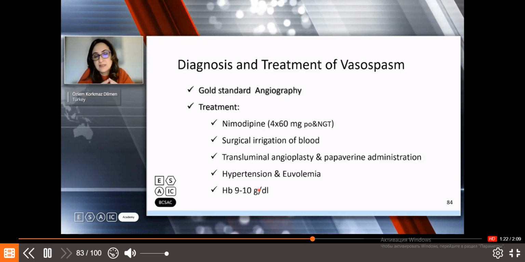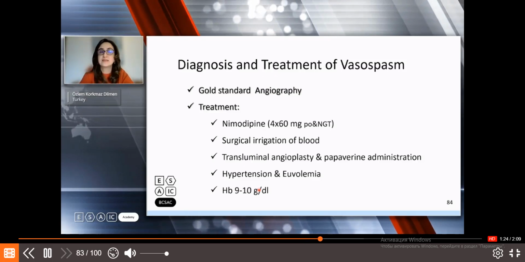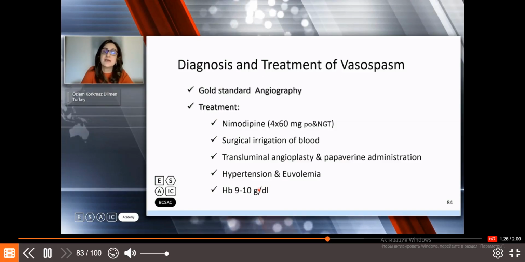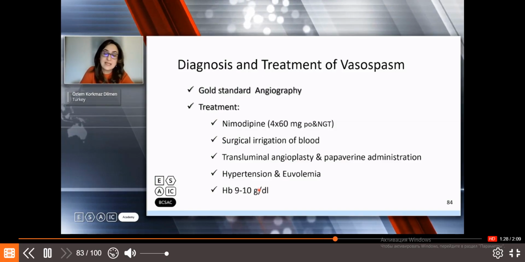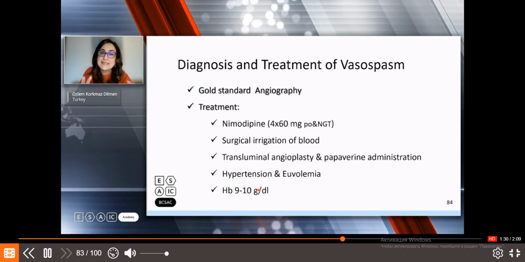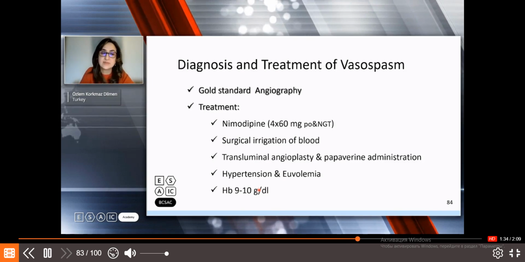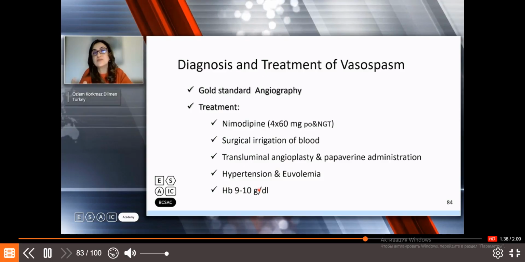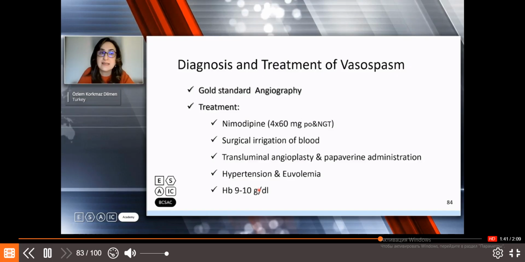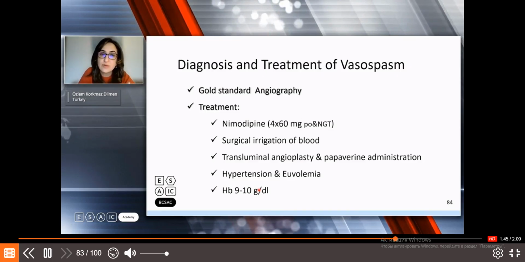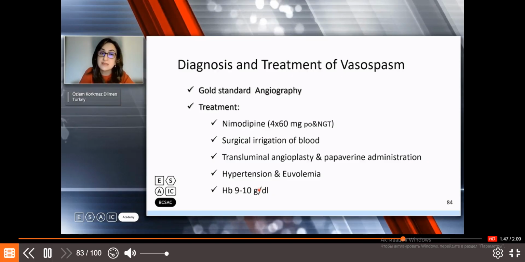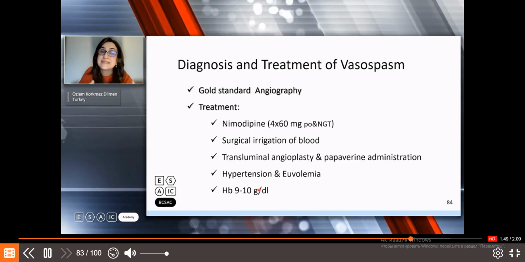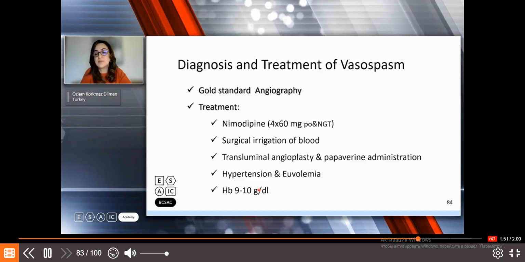Although we can prevent vasospasm, in some cases we cannot prevent delayed cerebral ischemia. Delayed cerebral ischemia has a different pathophysiological mechanism. Nowadays we don't know the real underlying mechanism, but inflammation, some microthrombosis, and cortical spreading depolarizations can trigger delayed cerebral ischemia.